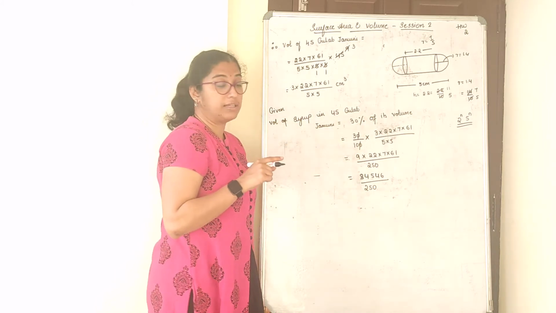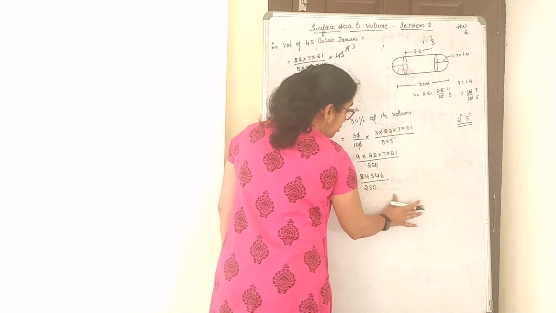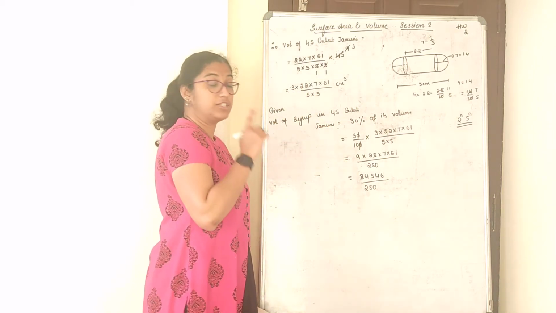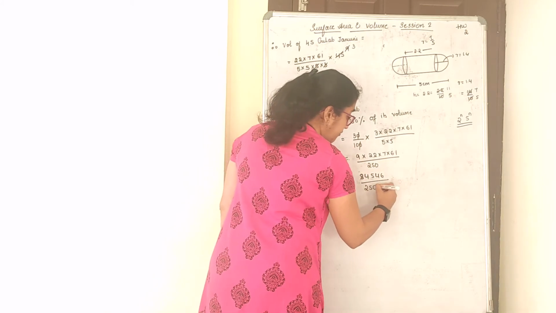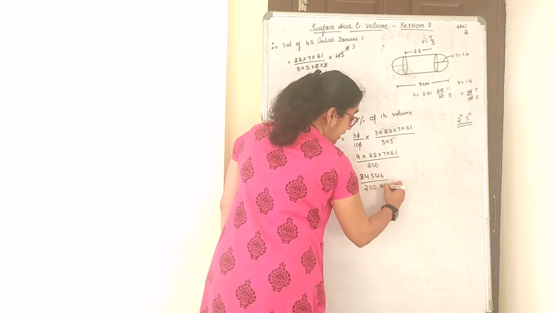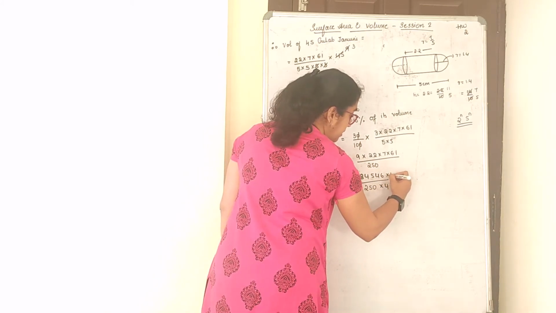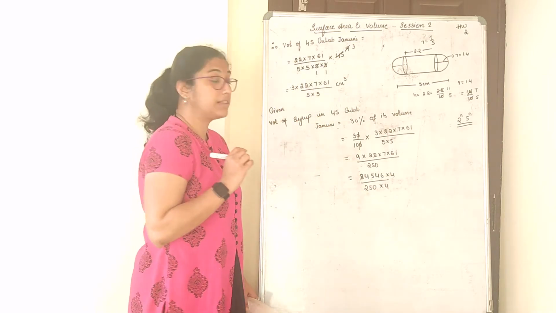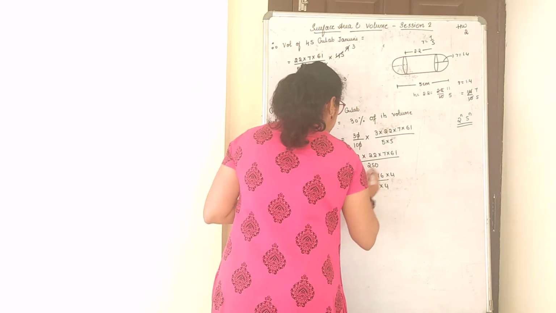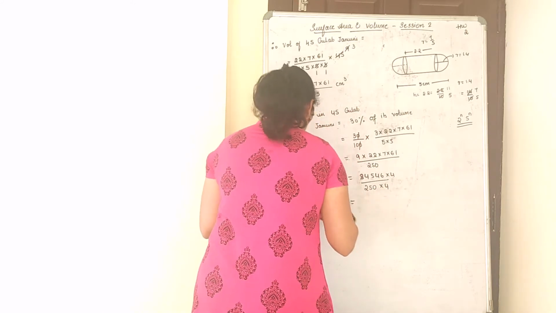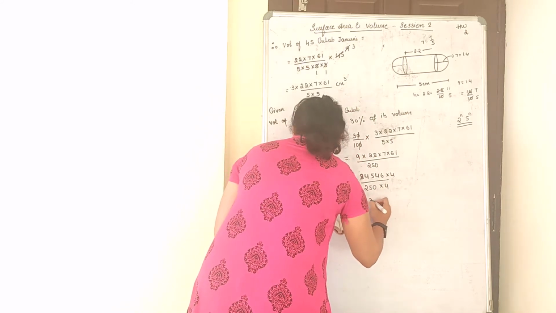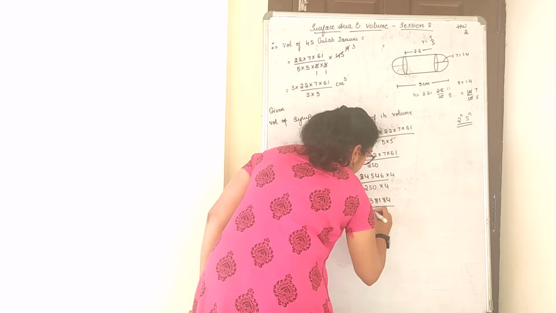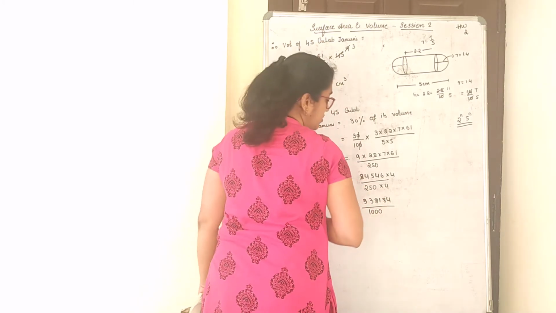Denominator like this only. How do you make the denominator in terms of zeros? We have learned this in first chapter. How do I make 250 in terms of 0? I can multiply this by 4. Yes, I get denominator in terms of 1000 now. Multiply 84546 into 4. You will get 338184 divided by 1000.